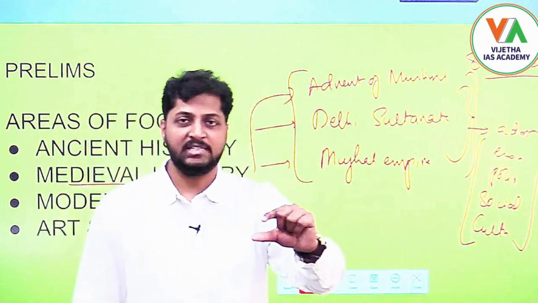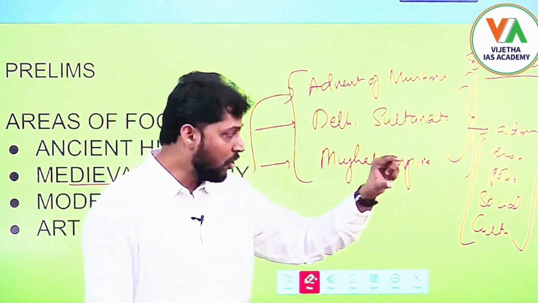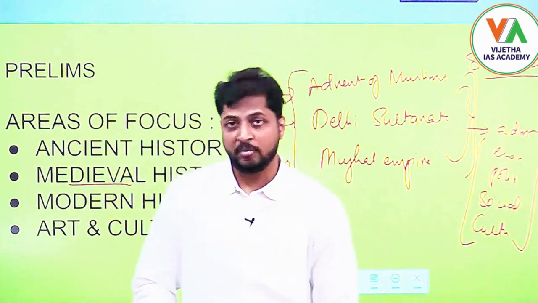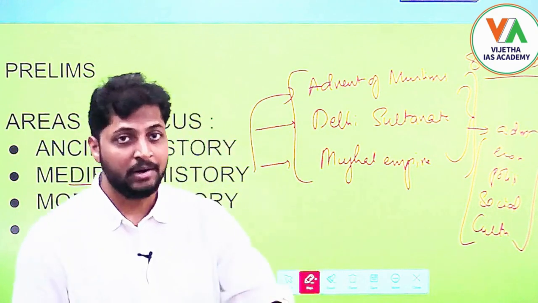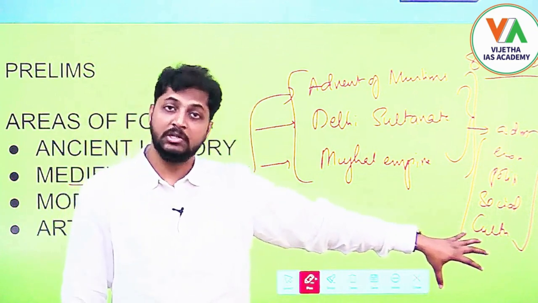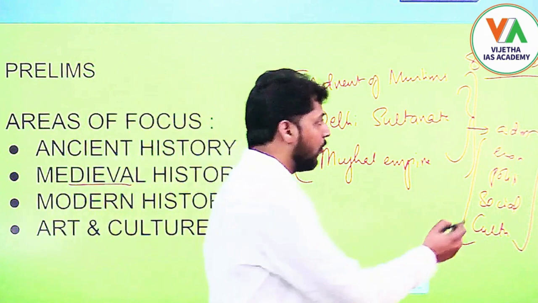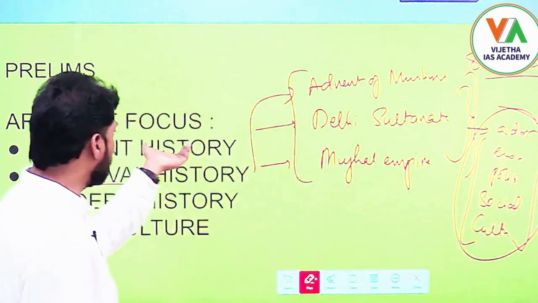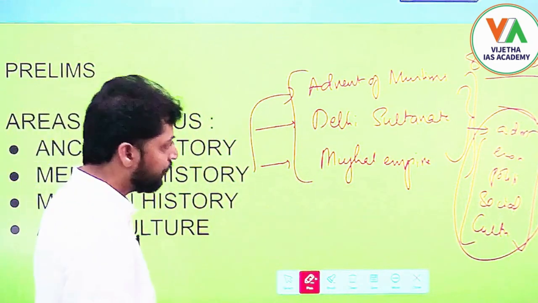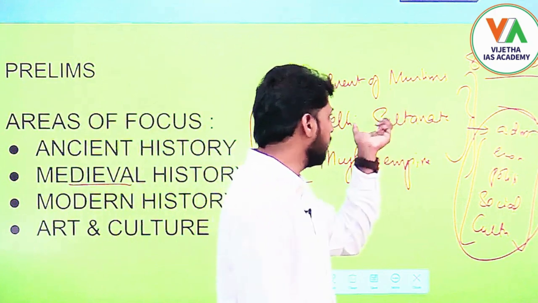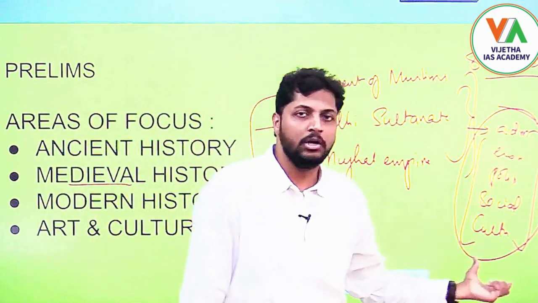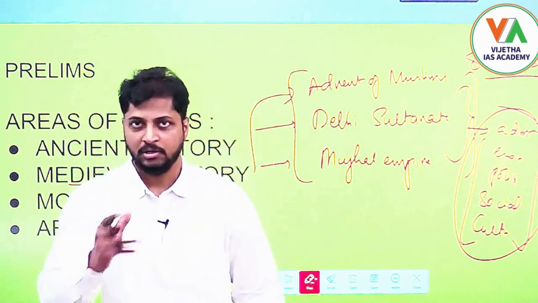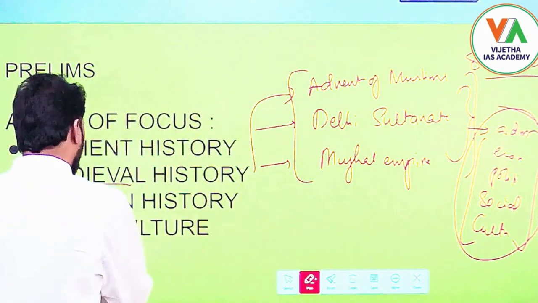For the examination, to understand history throughout these levels, you need to focus on their administration, you need to understand the economic structures of those periods, and you need to understand the socio-cultural aspects of those different time periods. Only these are the areas, and the rest can be easily skipped. So particularly with respect to the Delhi Sultanate and Mughal Empire, you focus only on administration, economies, social aspects and cultural aspects, right? And that is all about medieval India.